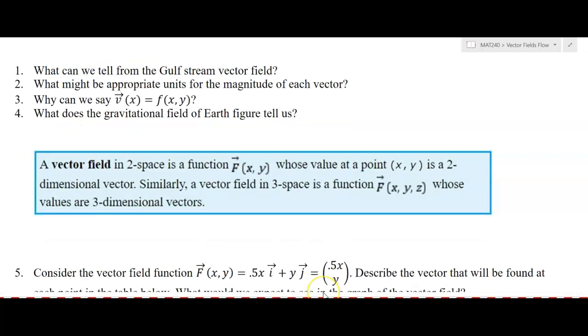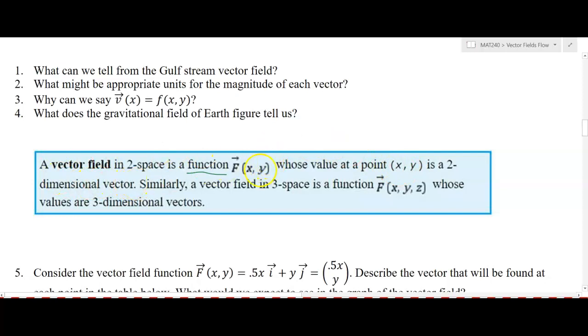So a vector field in 2 dimensions is a function. It's a function, and it's a vector function. Notice that we have a vector hat over capital F. It takes 2 inputs, respectively the position that you are at in the xy plane. The value at that point is a 2-dimensional vector.